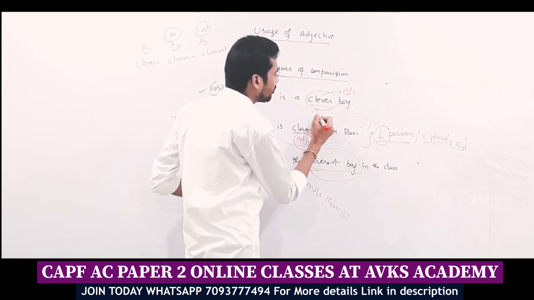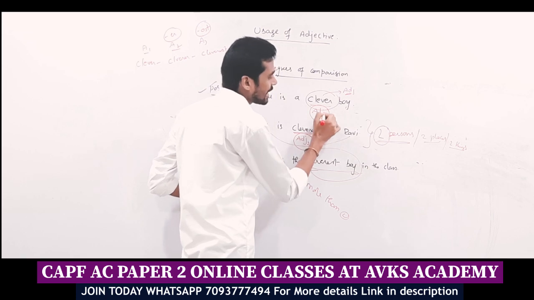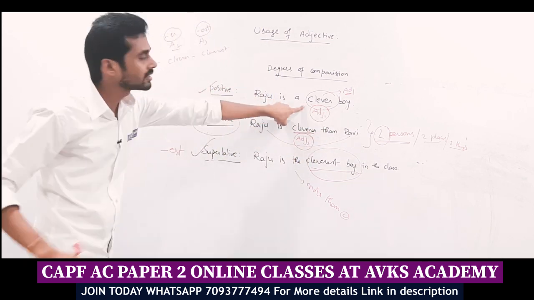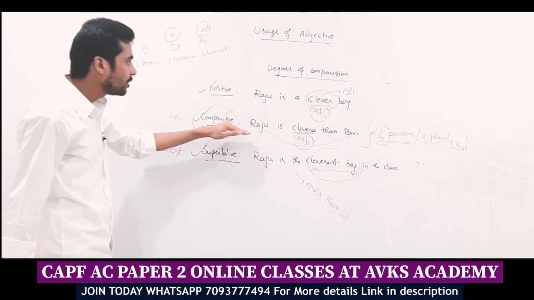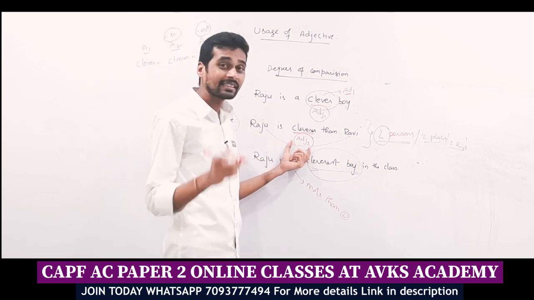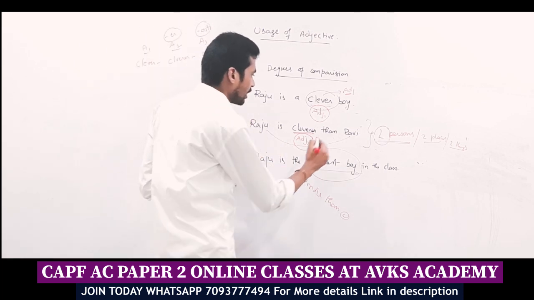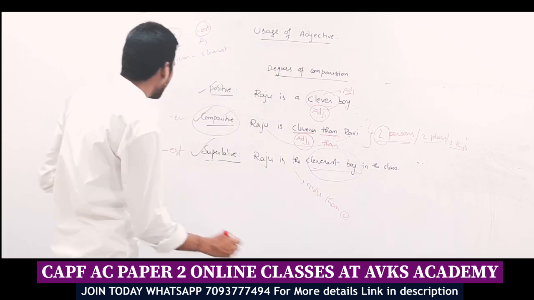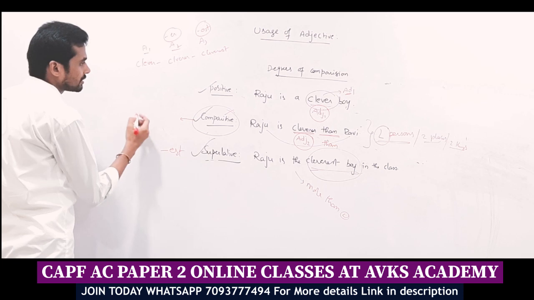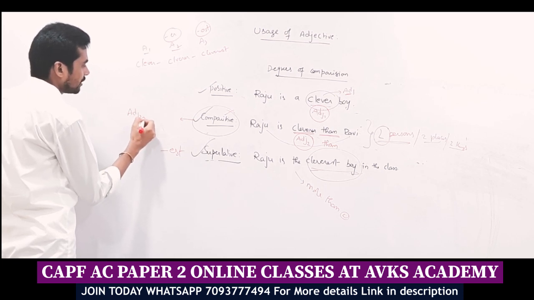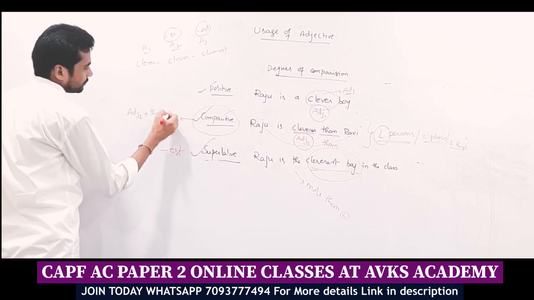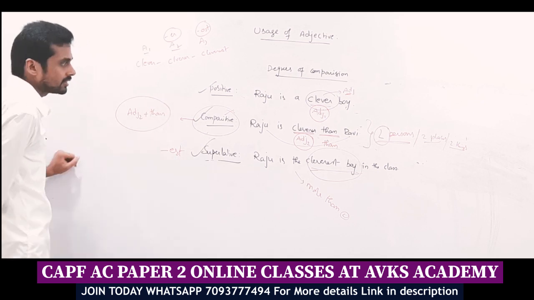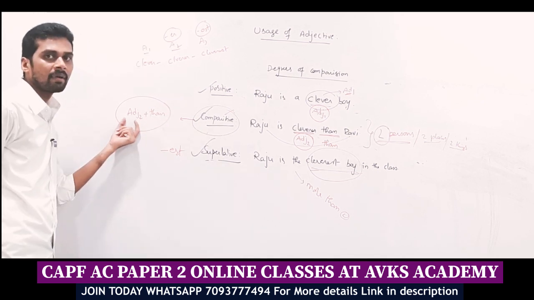So in the positive degree, we need to use adjective first form, that is clever. In the comparative degree, we need to use cleverer, adjective second form. And immediately after that, we need to have than. In the comparative degree, you need to remember the structure: adjective second form and than.